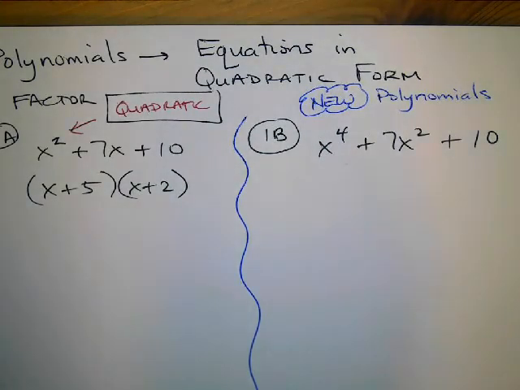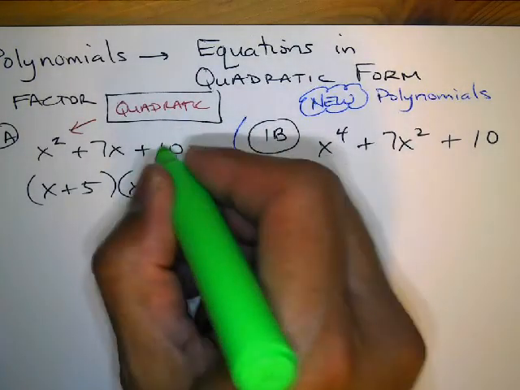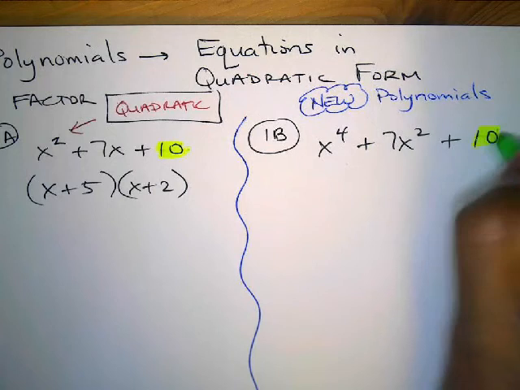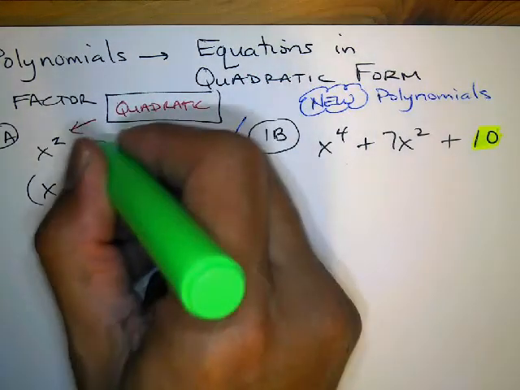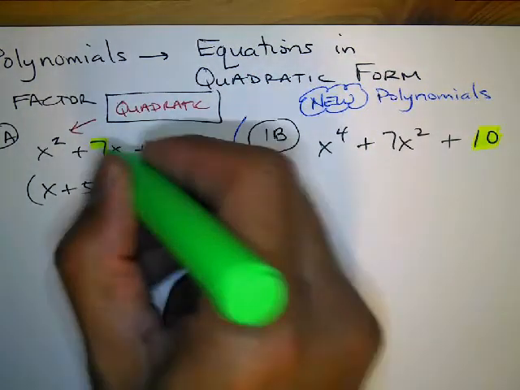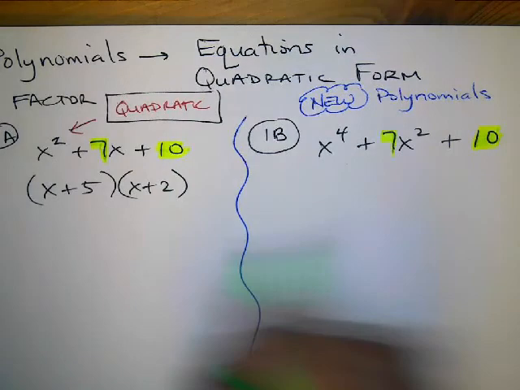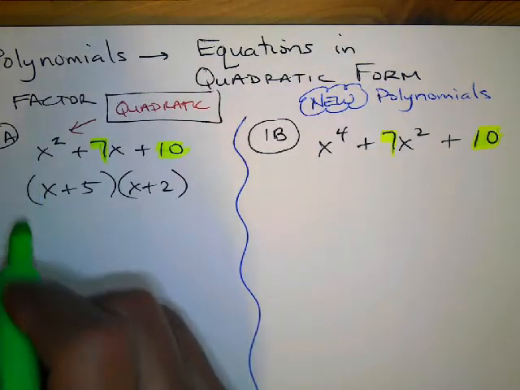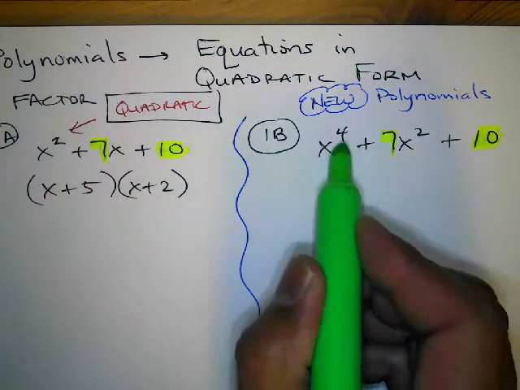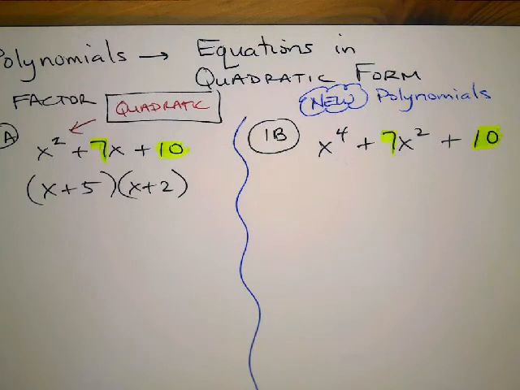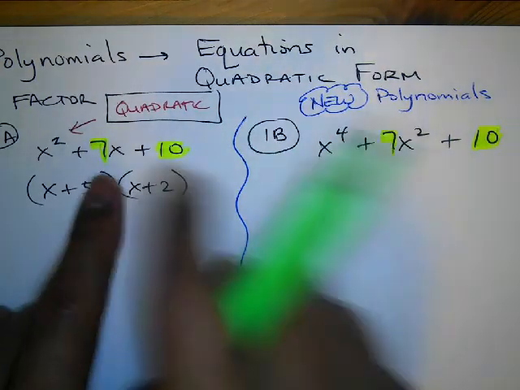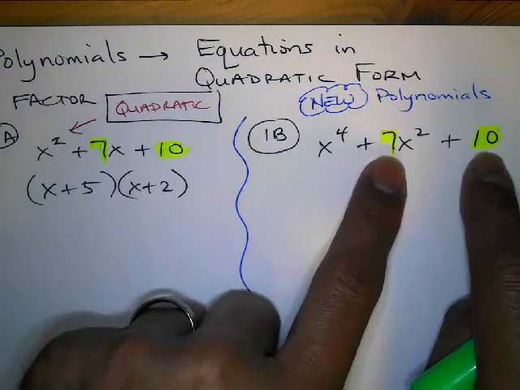But what I want you to just look at is, look at this. This one has a plus 10. This one has a plus 10. This one has a 7. This one has a 7. And then, well, this one has x squared, but this one has x to the 4. But essentially, it's the same problem. It's a 7 with a 10.